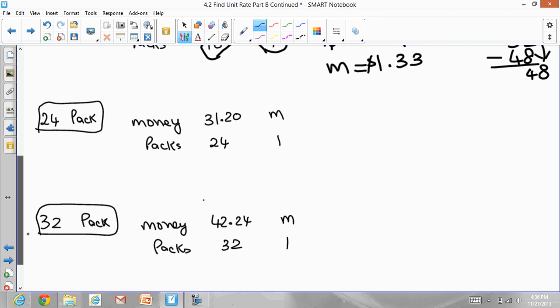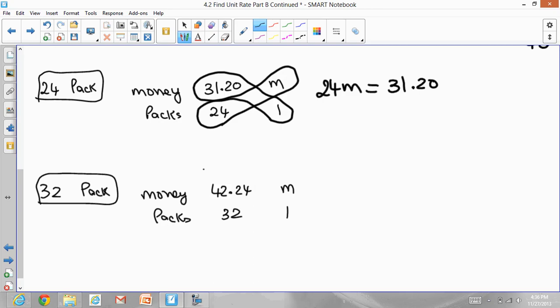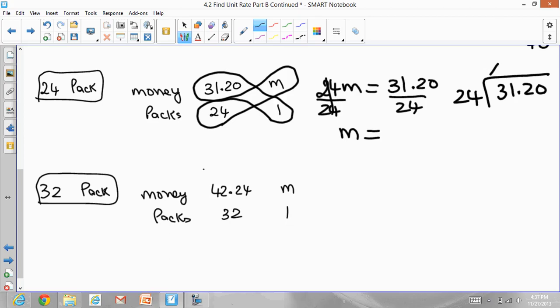Now let's do the same thing for the 24-pack. So this is going to be 24m equals 1 times 31.20 to give you 31.20. Divide by 24. Divide by 24. Cancel. m equals 31.20 divided by 24. It goes once. 24.